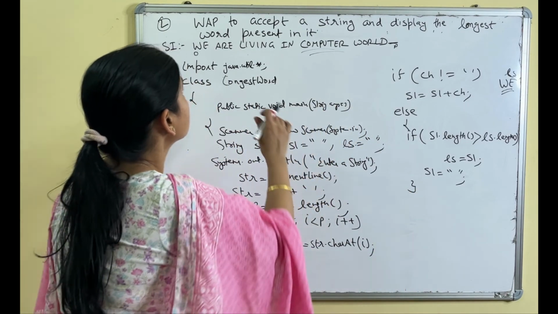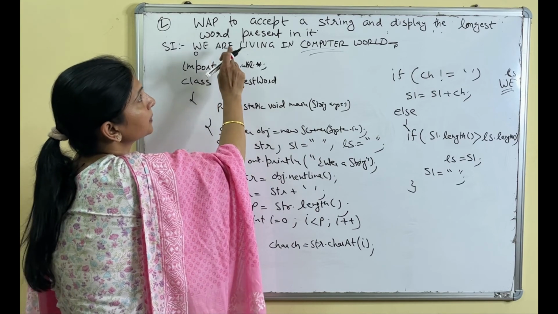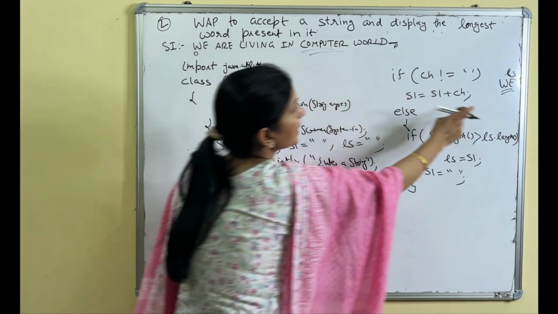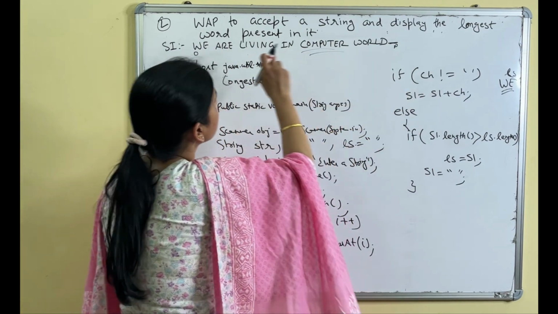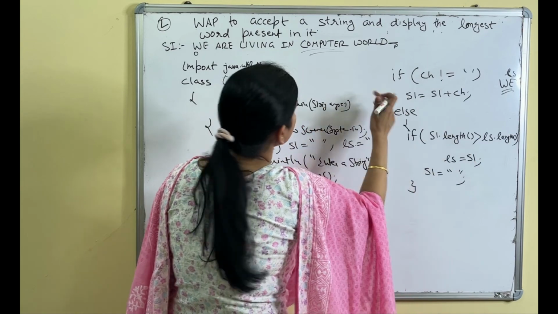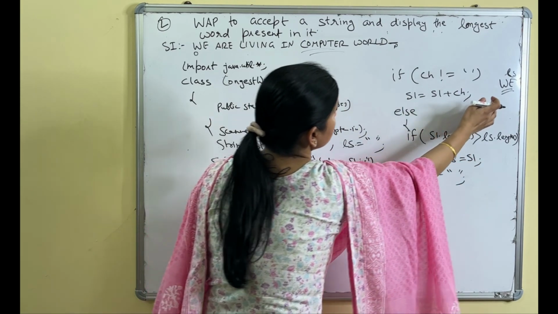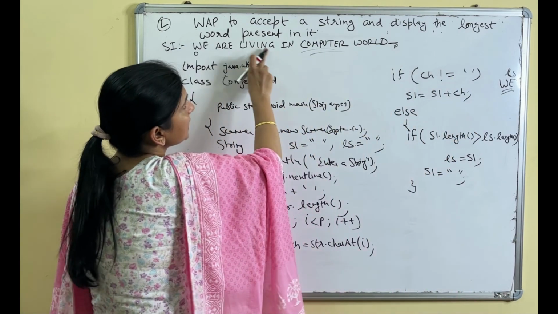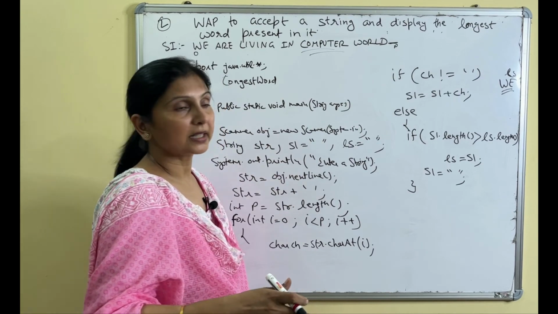Same case: we need to find out the next word and then compare its length with "we". So "are" is greater than "we", so the condition will be true. So s1 now has "are", and since you have assigned s1 to ls, ls also gets "are". Then "living" will be compared; "living" is greater, so ls will get "living".